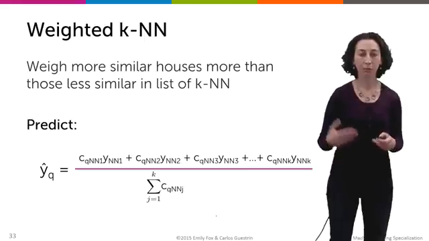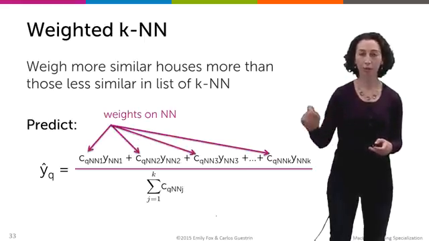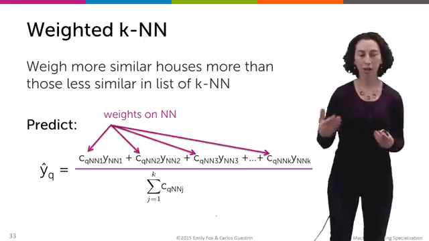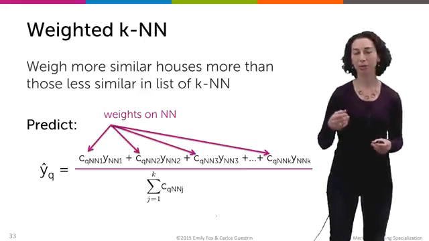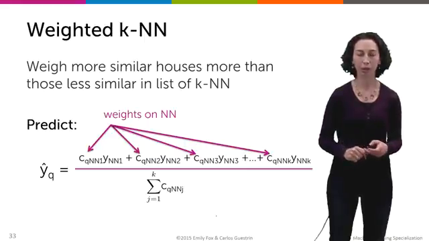So in particular, when we talk about our predictive value, we're going to weight each one of our nearest neighbor observations by some amount that I'll call C subscript Q for looking at query point Q. And then I also have a nearest neighbor J indexing which nearest neighbor that weight is associated with.